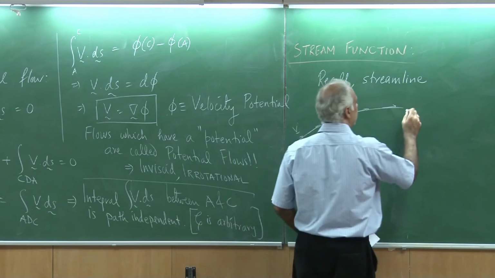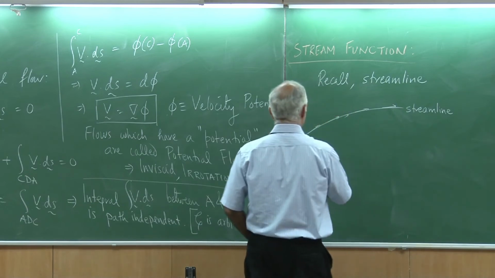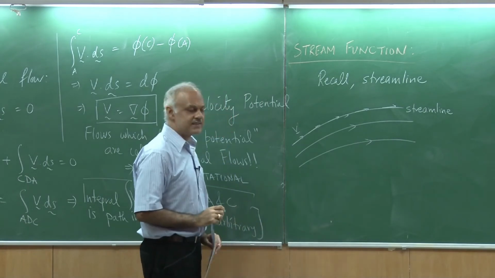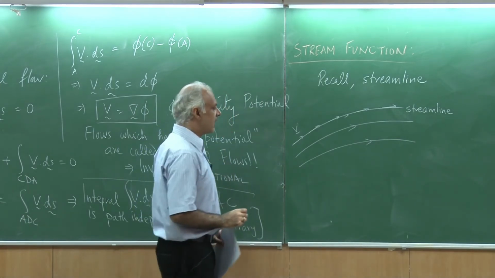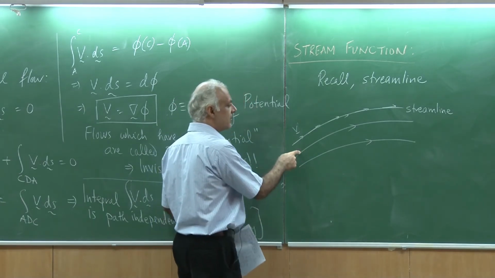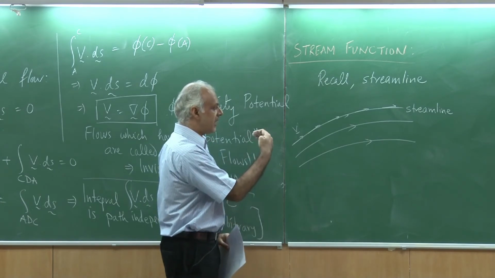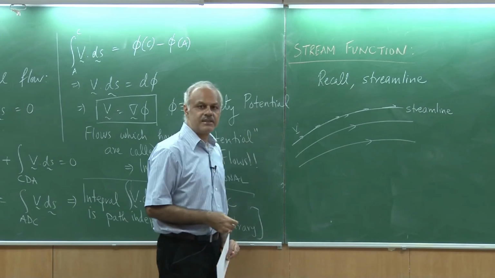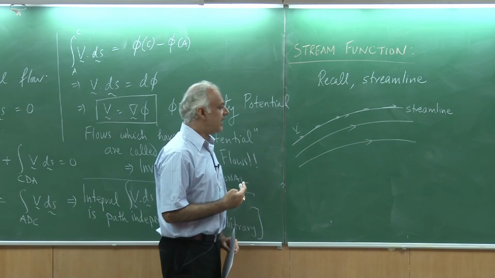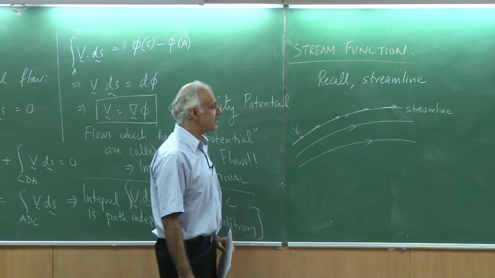So this would be a streamline, this would be another streamline, and this could be another streamline. So these are all streamlines, and as a corollary, flow cannot cross streamlines. So if I take two sets of streamlines, they form a stream tube. If I took a set of streamlines and formed a surface in 3 dimensions, then I could get a stream surface, okay? And if it is closed, it is a stream tube, but it need not be closed and it would still form a stream surface.